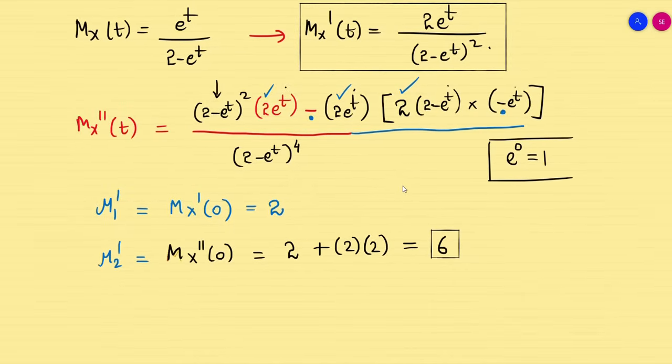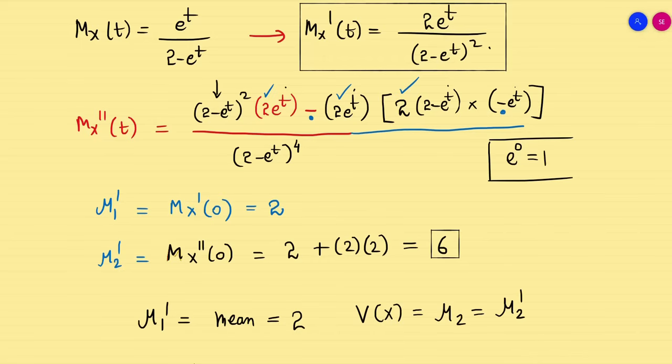So now I found my mu1 dash and mu2 dash. And as I said, if nothing is given, my mu1 dash is my mean. That is going to be 2. Then my variance is mu2, and the formula for mu2 is mu2 dash minus mu1 dash whole square.